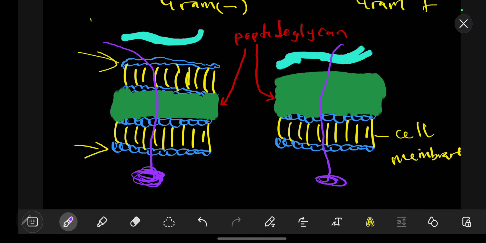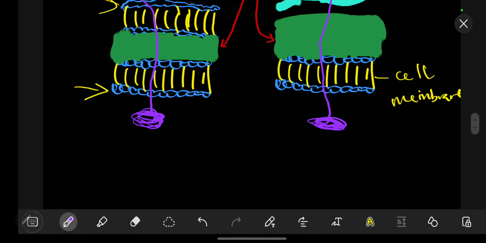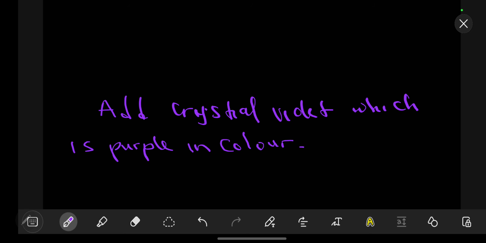The crystal violet, which is purple in color, will be named as your primary stain. This is very important for your exams. You should know the primary stain is crystal violet, which is purple in color.